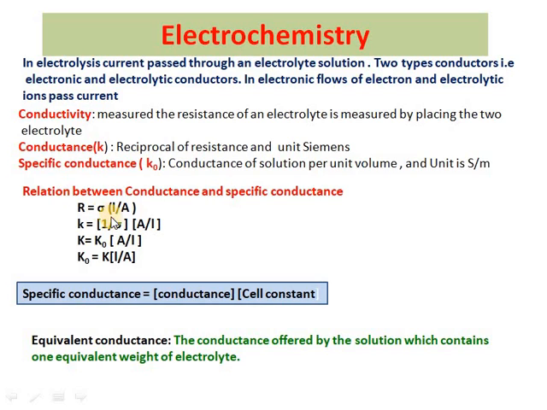Now here we have the relation between the conductance and specific conductance, which also depends on the geometry of the conductivity cell, and is obtained on the basis of the relation between the resistance of a conductor and its length and area of cross section.